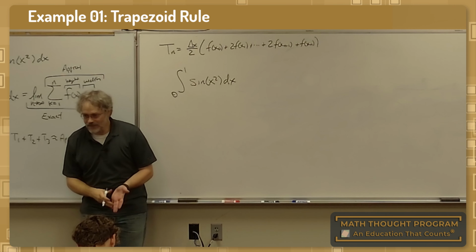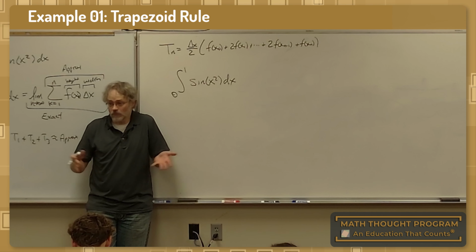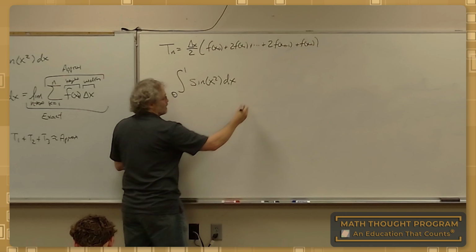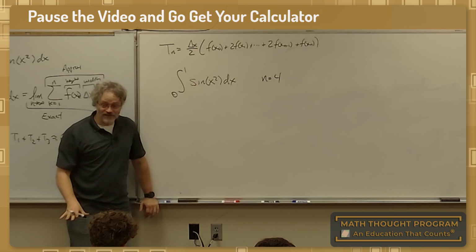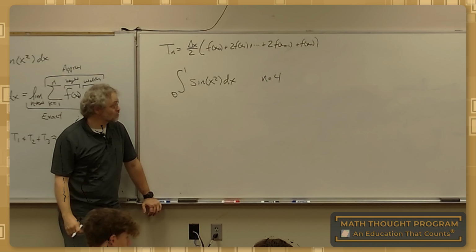Again, I can't do this analytically. It's impossible. So I'm going to have to resort to a numerical process to get the best case here. And let's say that we're going to be looking at 4 partitions. If you guys have a calculator, this would be a good time to take it out. You're going to need it here in a moment.